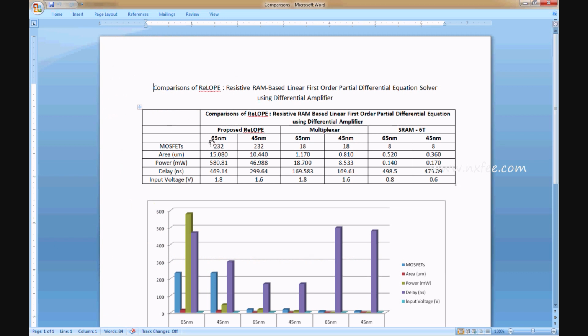Now the comparisons for this Reloop architecture. Here we design the proposed Reloop method at 65 nanometer and 45 nanometer. You can check the comparisons between 65 nanometer and 45 nanometer. We have taken separate comparisons for the multiplexer and the 6T SRAM operation.